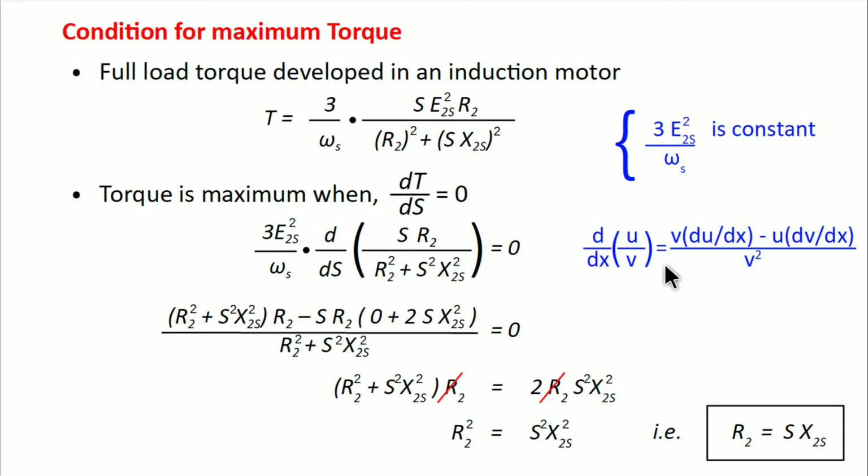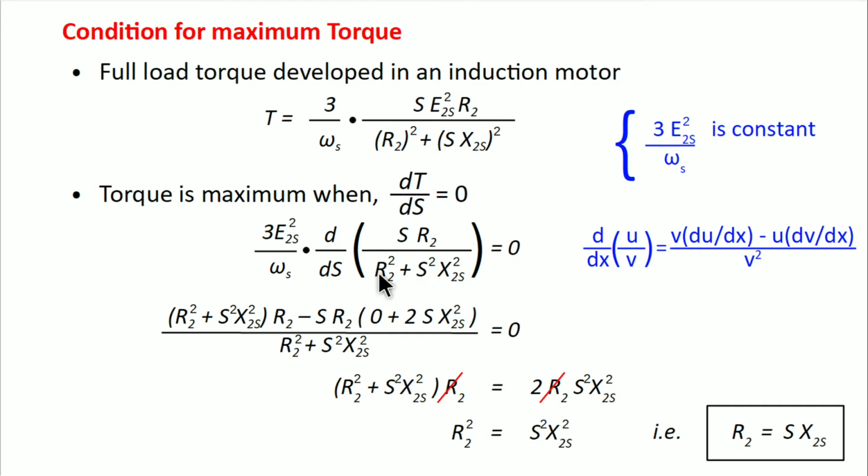So first we write v, the denominator R2 square plus S square X2S square, and the derivative of SR2 with respect to S, d by ds of SR2, is R2 because d by ds of S is 1, minus, from the formula, u, the numerator SR2, and d by ds of the term R2 square plus S square X2S square.